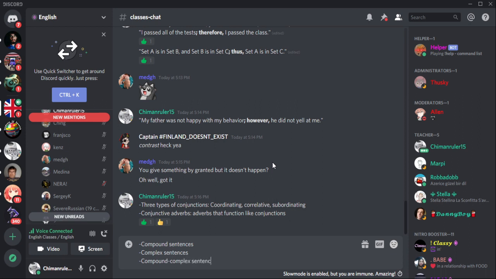Okay, so compound sentences have two independent clauses. Complex sentences have one independent clause and one dependent clause.